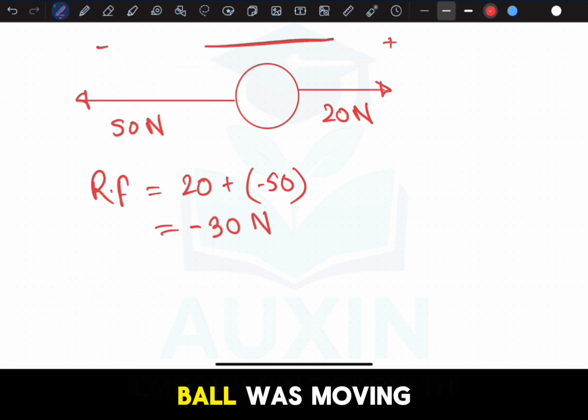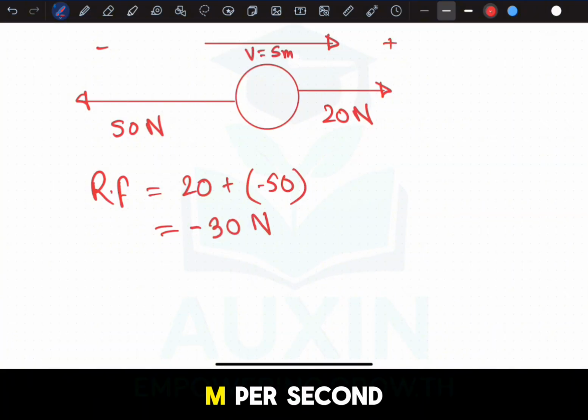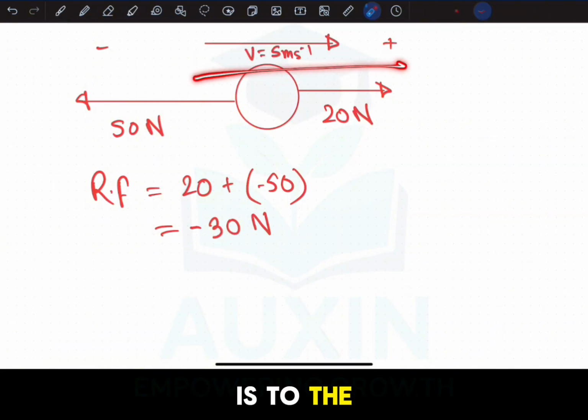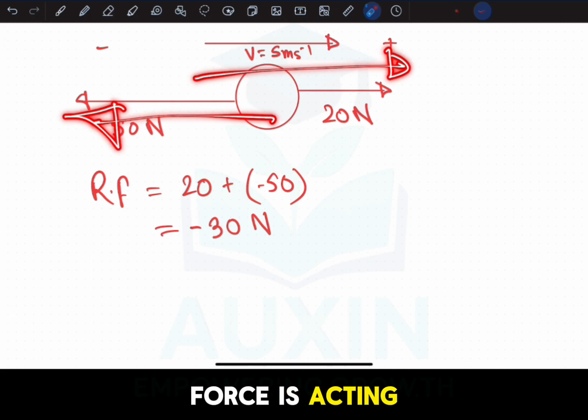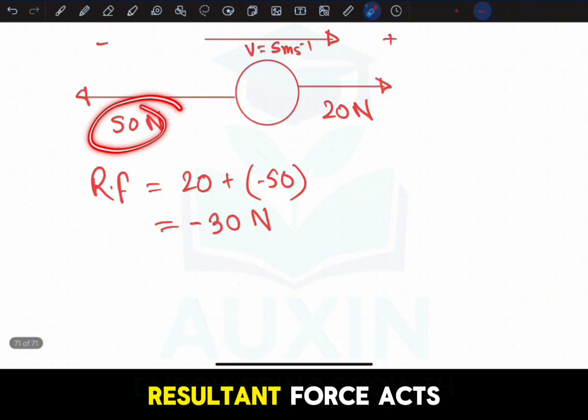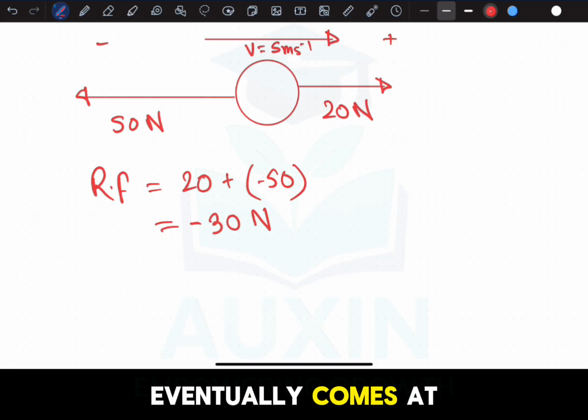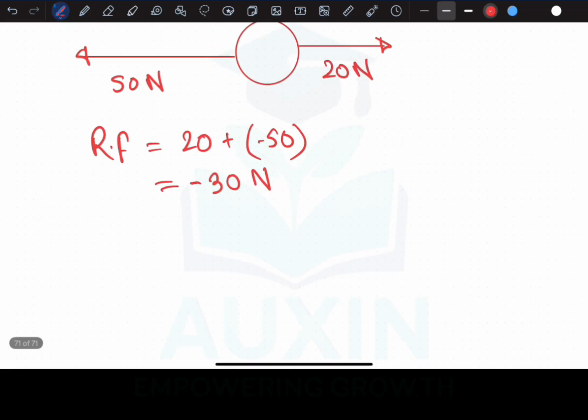So initially the ball was moving to the right with a velocity of, let's say, 5 meters per second. So the motion is to the right, but the resultant force is acting against the motion of this ball, right? So whenever a resultant force acts against the motion of an object, it decelerates or eventually comes to rest.